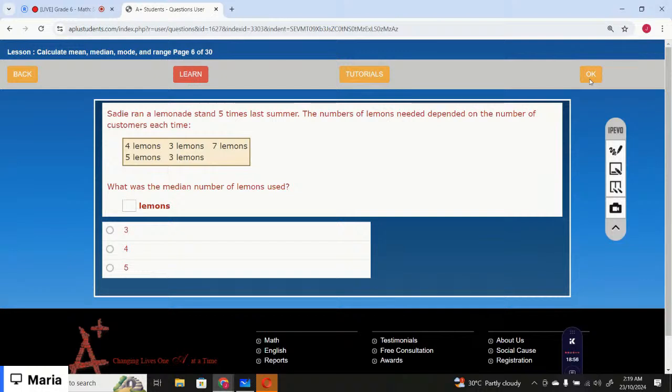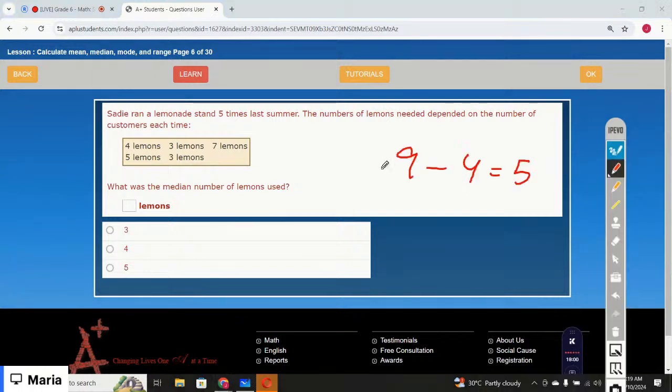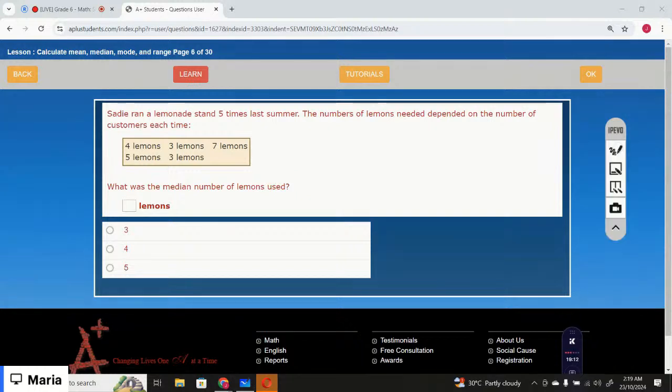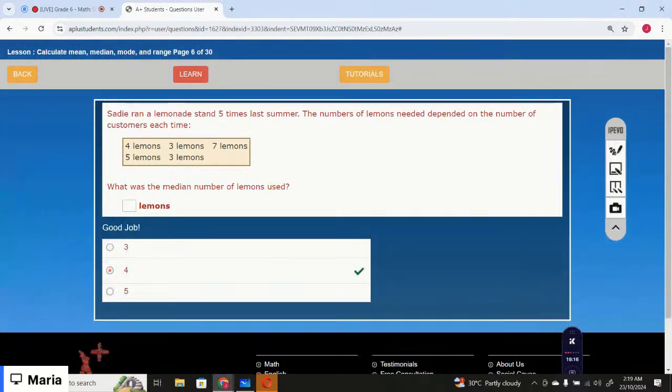So for the median, you need to arrange the numbers from least to greatest. So let's arrange that: 3, 3, 4, 7, and 7, right? So 4 is the median that divides the data into two exactly equal groups. So the correct option is 4. Option number 2 is the correct option.